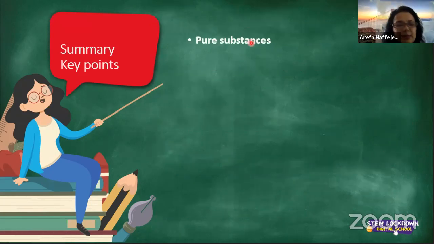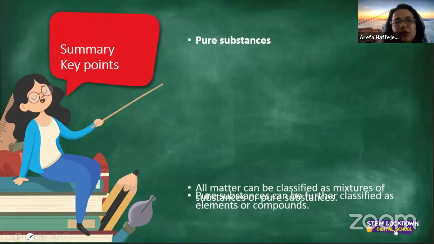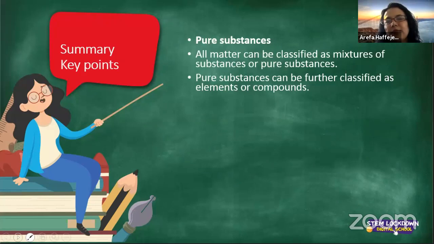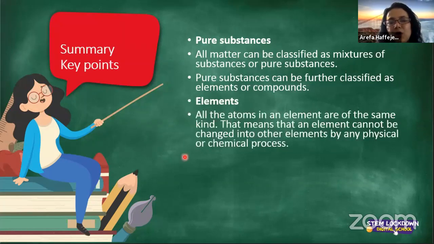In pure substances, we learned today that all matter can be classified as mixtures or pure substances. Pure substances can be further classified as elements or compounds. In an element, all atoms are of the same kind. That means the atoms cannot be changed into other elements by any physical or chemical processes.